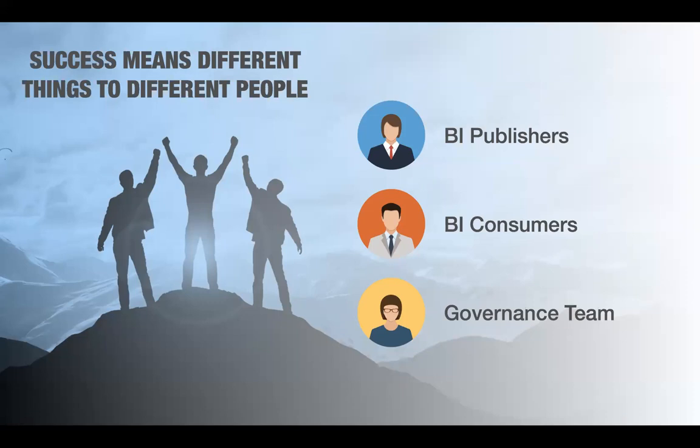Broadly speaking, those are your BI publishers, everyone that's creating analytics content of any kind to be consumed within the organization. That could be your data scientist, your analyst, or somebody generating spreadsheets and reports. BI consumers are the folks coming to your catalog to find reports and answer their business questions. That's probably the largest constituency you have to support.